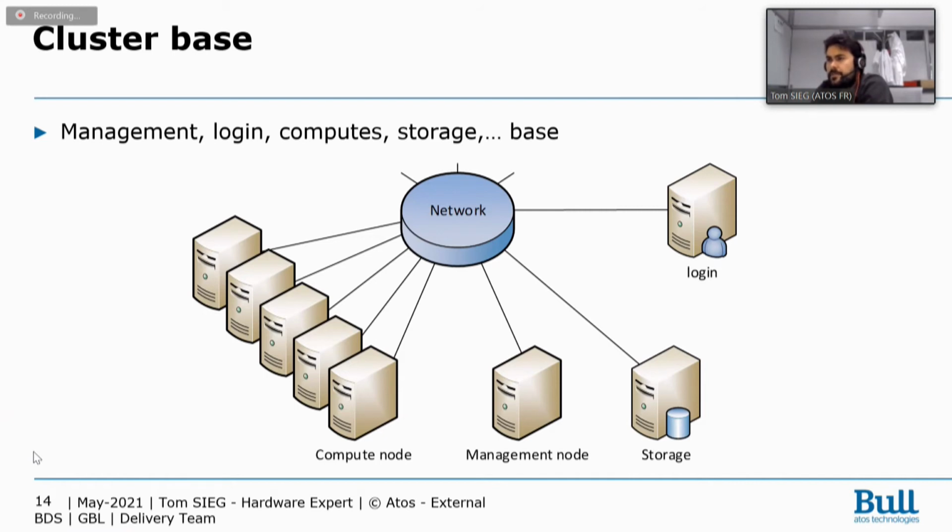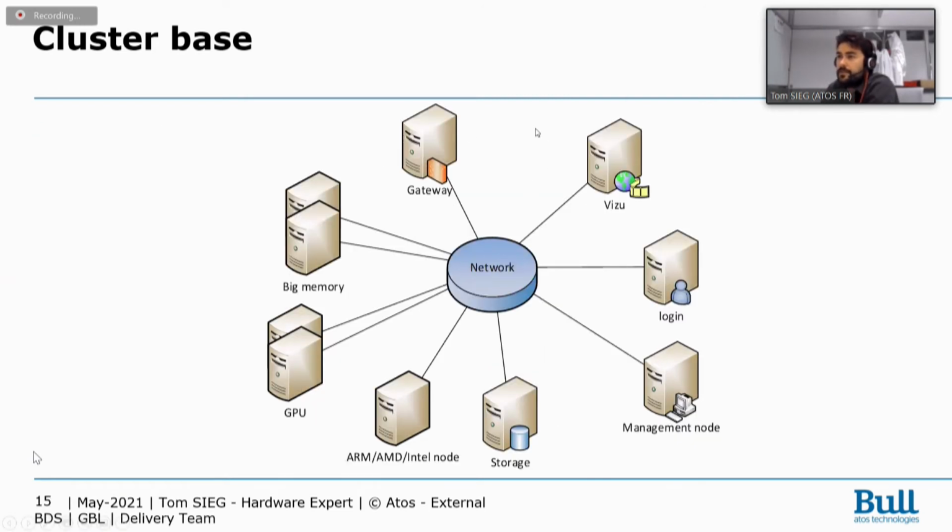If I take another example, the most famous one in Europe, Jülich. On the Jülich cluster, you will have login nodes and also gateway nodes. The gateway allows people from outside to access the cluster and the login node.